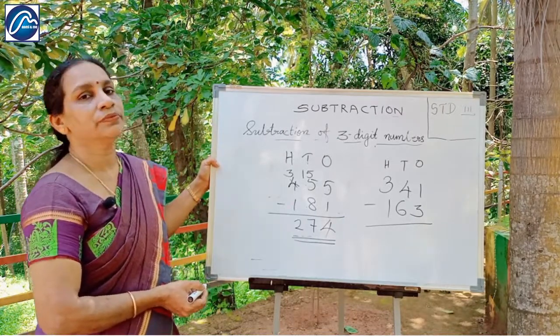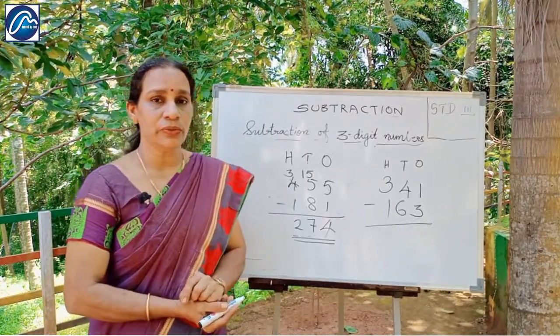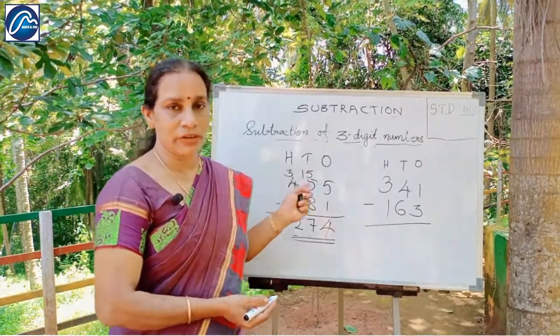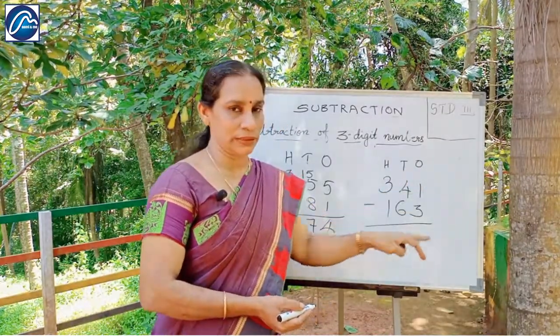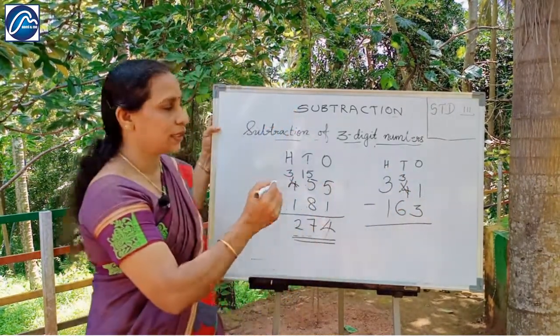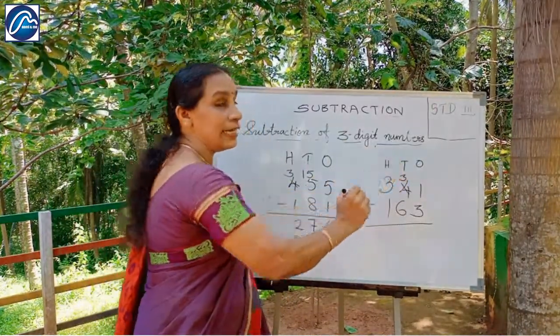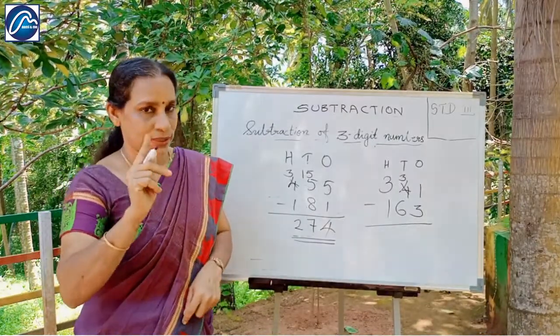No, because 1 is smaller. So what will we do? As earlier we have done, here also we will take 1 tens from this. So it will be here only 3 tens. And 1 tens goes 10 ones. 10 ones together make 1 tens.